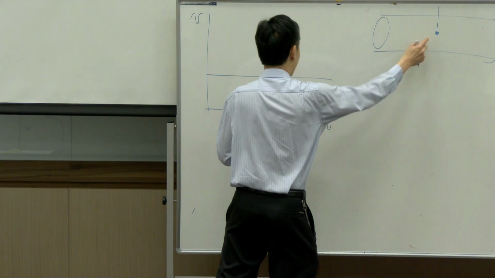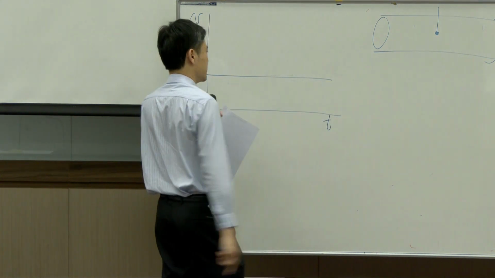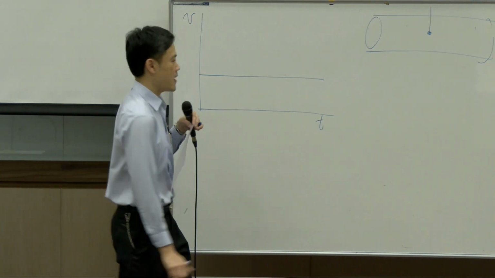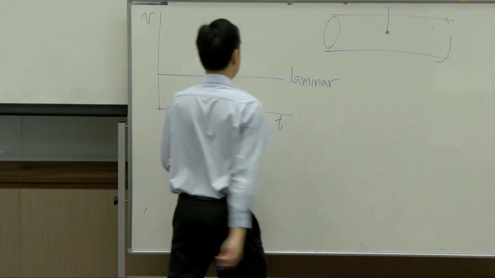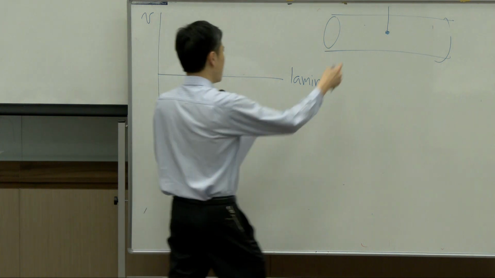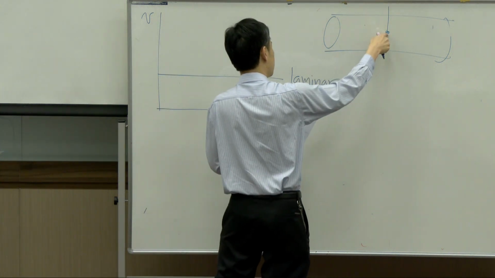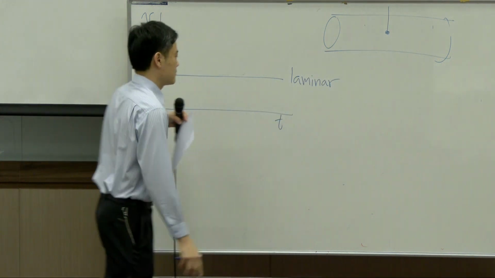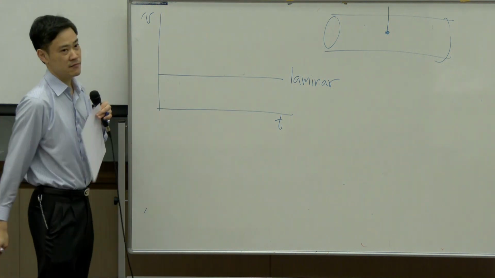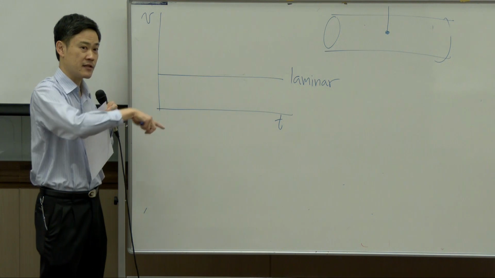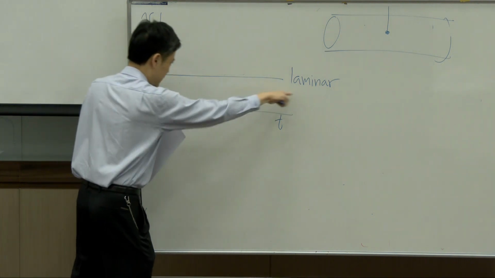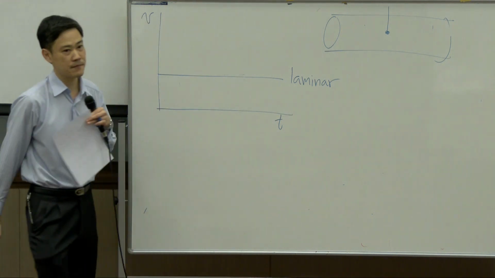At one single point, velocity is supposed to be constant. Okay, this is laminar. Definitely, if you move your probe toward the wall, the flow would go down. As we derived earlier, toward the wall, velocity is slower. But still, it is a straight line.